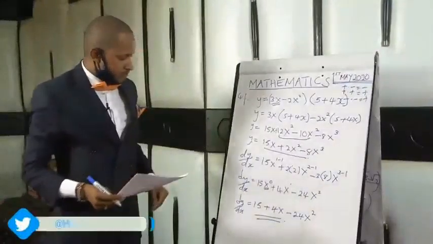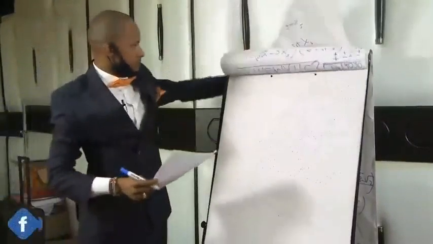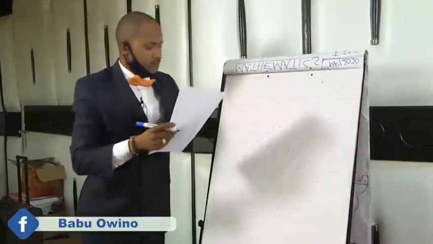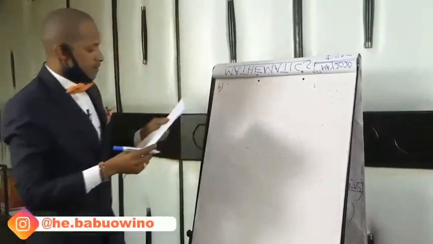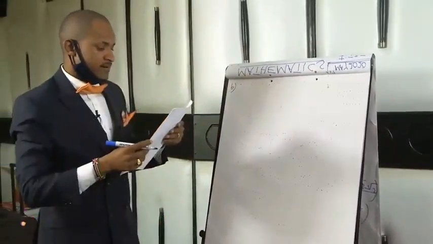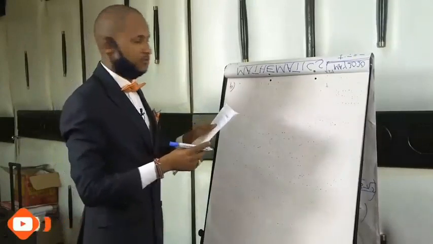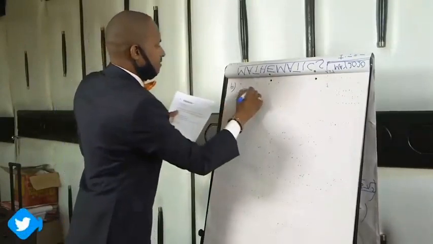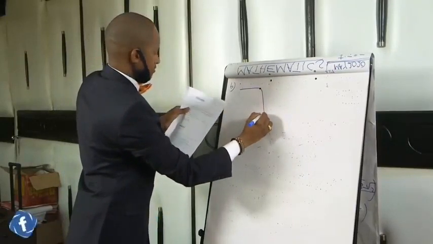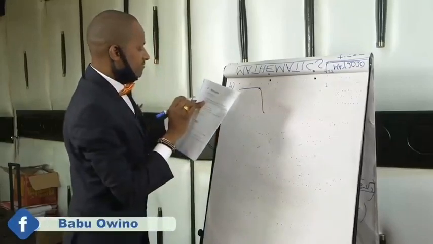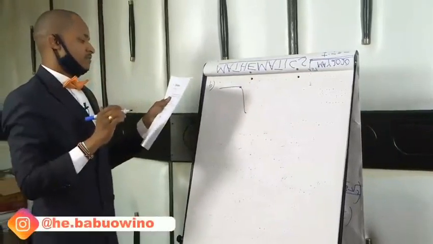Proceeding to part B of the question. Part B of the question is: a diver leaps from a diving board 32 meters above the surface of a swimming pool. So if this is the surface of a swimming pool, then a diver leaps from a diving board 32 meters above the surface at time t seconds.